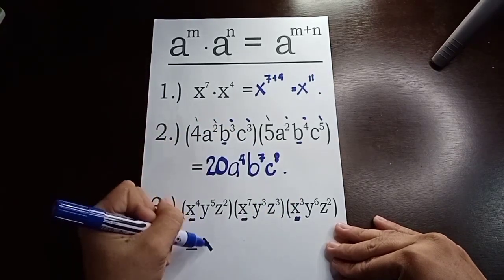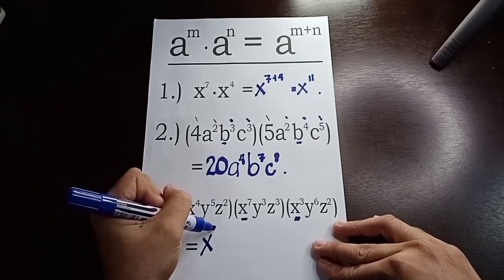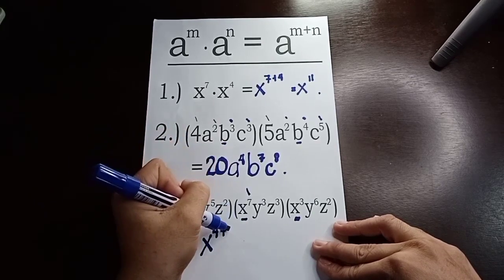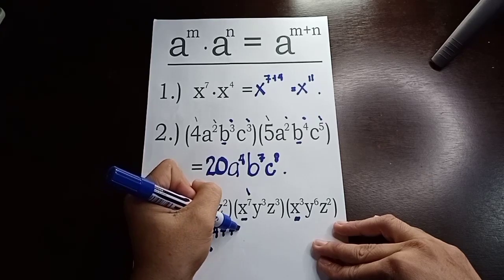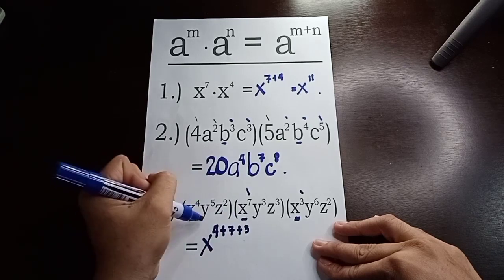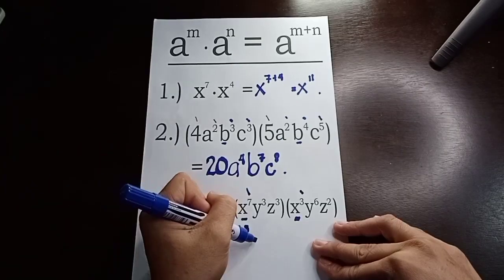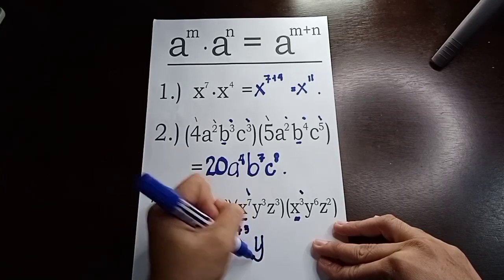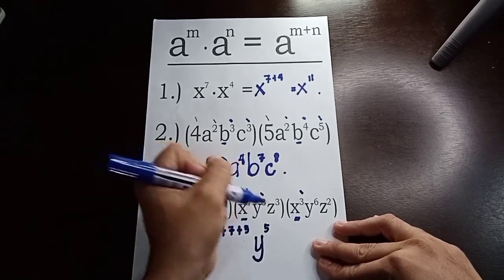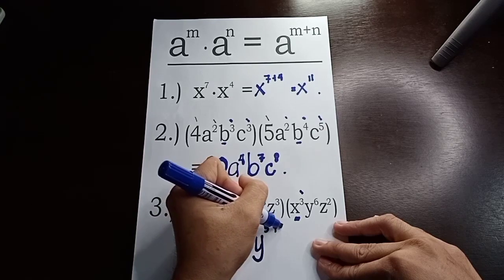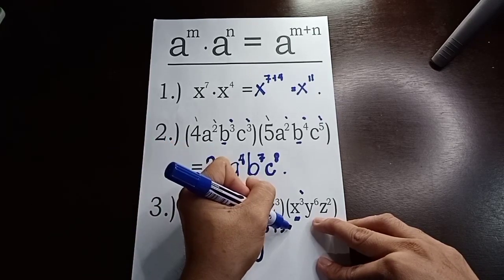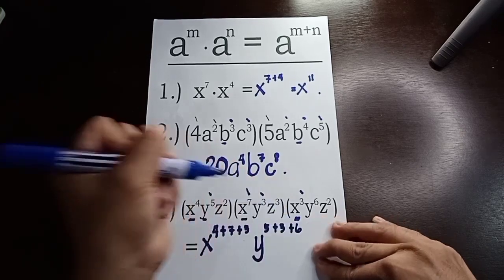So, x, add natin yung 4 plus 7 plus 3. And the second variable is y, add the exponents 5, plus 3, and the last exponent of y is 6.